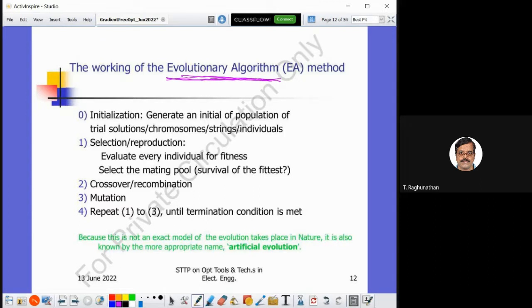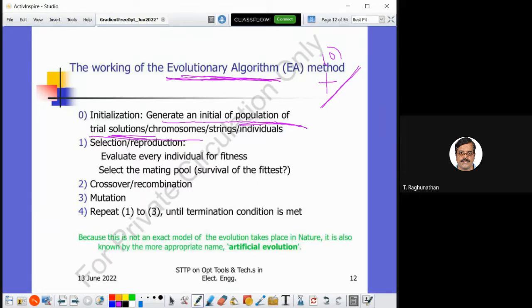What an evolutionary algorithm does is generate a population of initial trial solutions. You remember in yesterday's methods, we used only one initial guess solution, x of 0. But here, we'll use a population of initial guess solutions.